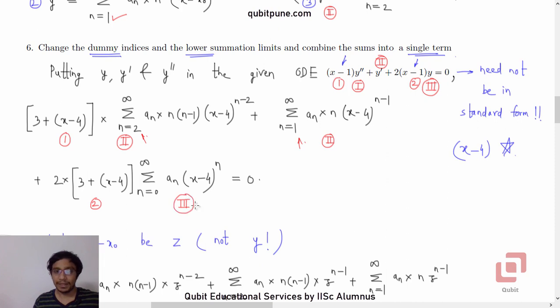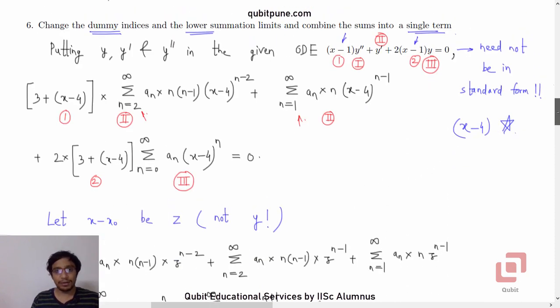Okay, fine. So what we have now done is we have written everything in the differential equation in terms of powers of x minus 4, because 4 is the center of the power series solution that we have chosen. And of course the right hand side is 0. It's not going to change.